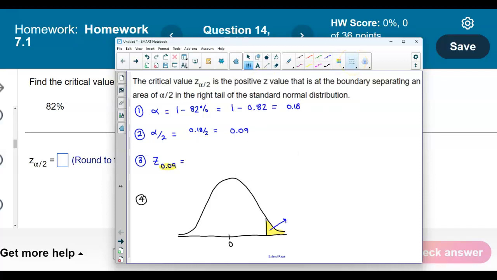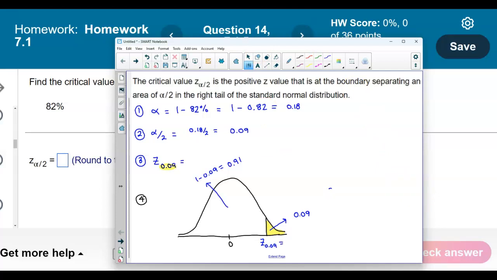So the area to the right here is 0.09, which means this area would be 1 minus 0.09, and 1 minus 0.09 is 0.91. Now we want to find out what this critical value is that has an area to the right of 0.09.